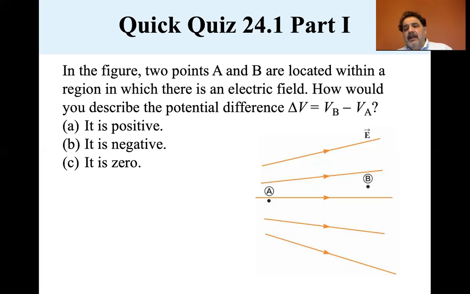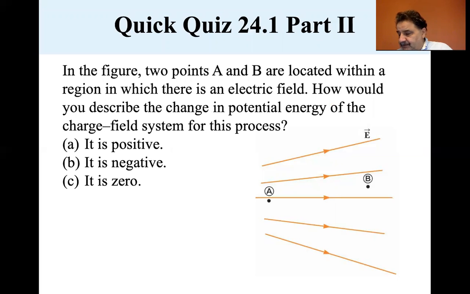Well, if the electric field is emanating outward, the electric field is greater at A than it is at B. So VB being smaller minus VA being larger, the result is negative. So VB minus VA, the potential difference, is negative.